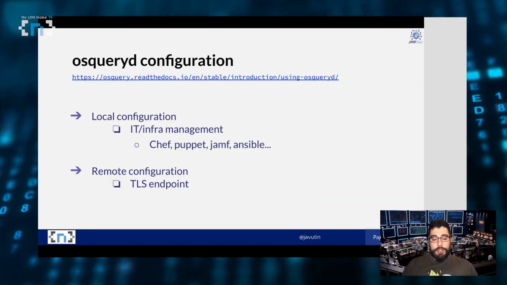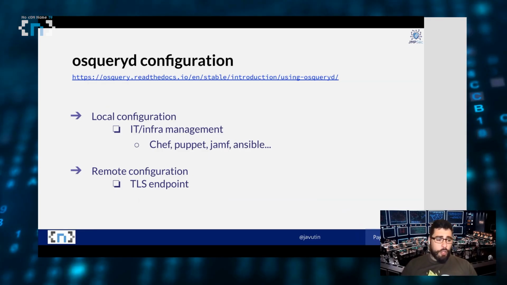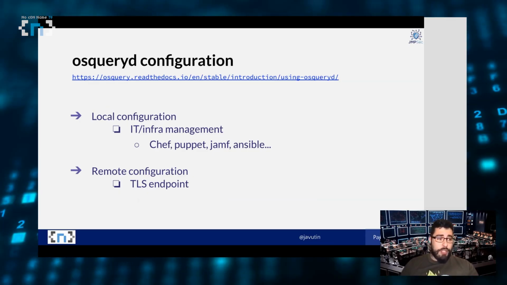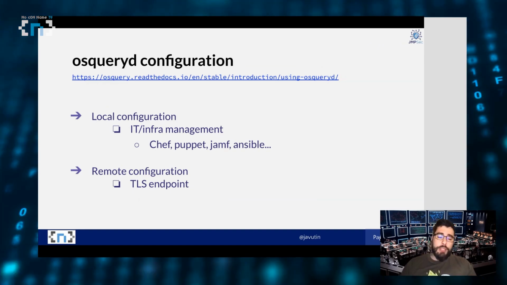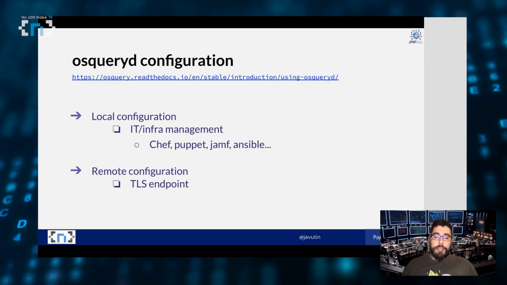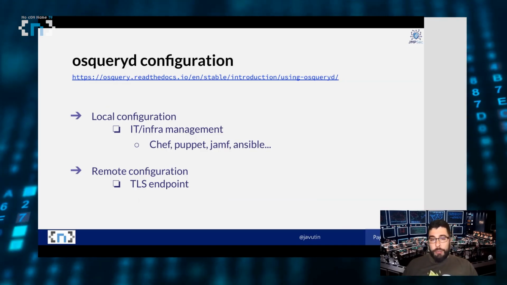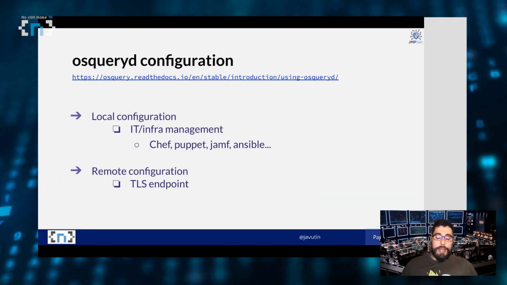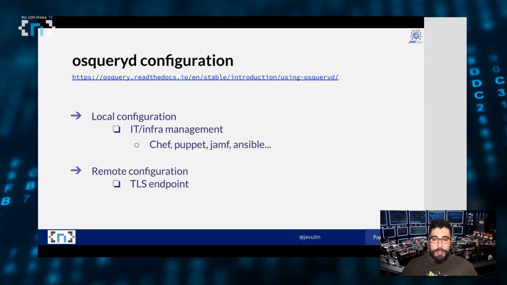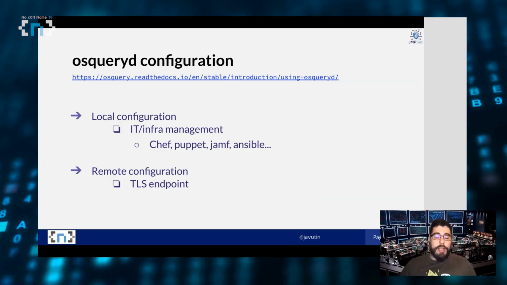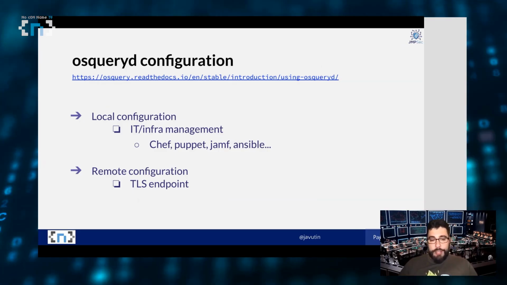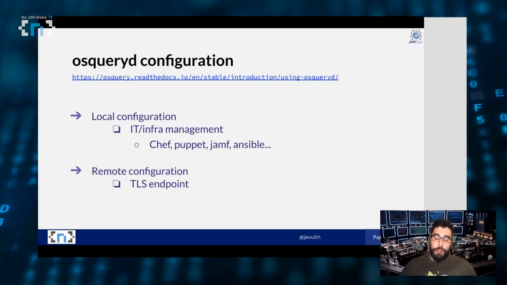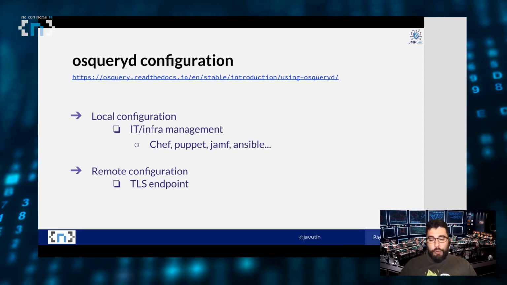Usually the industry standard is to manage those configuration files with asset management platforms like Chef, Puppet, or Ansible, or any other MDM, like AirWatch. There are multiple solutions out there to make sure those configurations are updated locally. But osquery can also be configured remotely using the TLS endpoint, which is the use case that we're going to be focusing on.